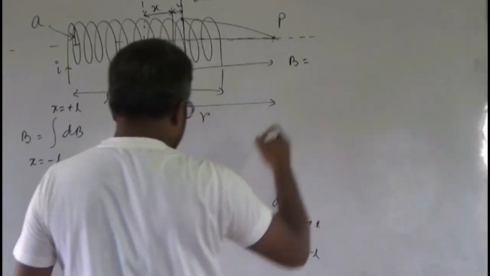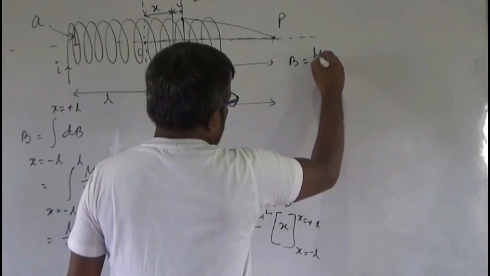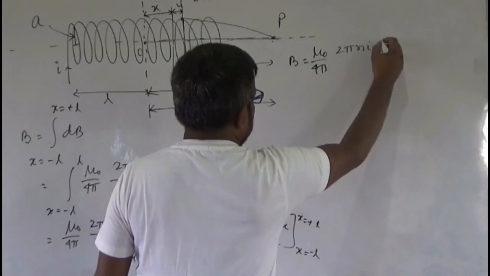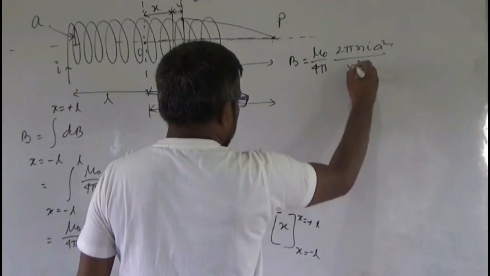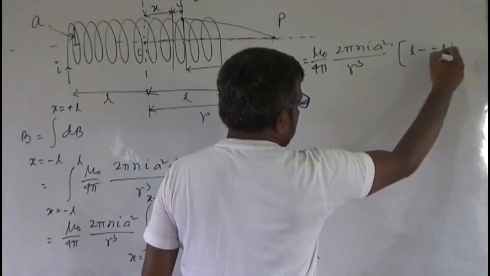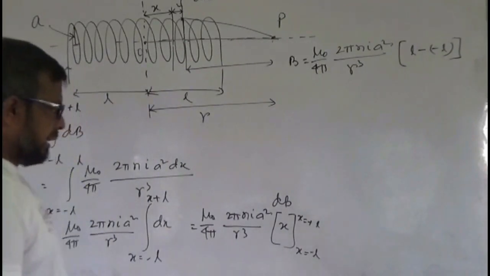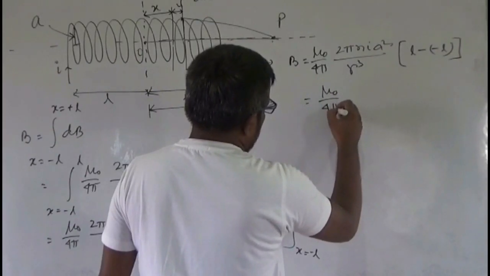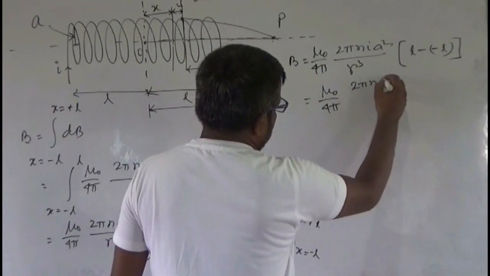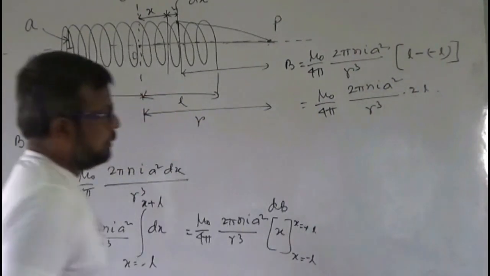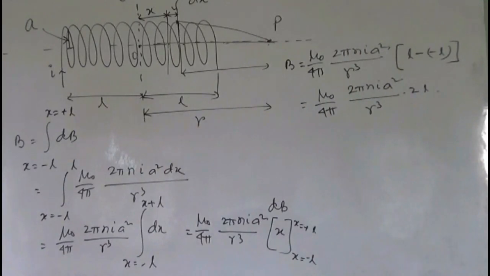Therefore, B will be equal to mu naught by 4 pi 2 pi n I a square divided by r cube, into x with limits plus L minus L, higher limit minus lower limit. That means mu naught by 4 pi 2 pi n I a square by r cube into 2L.